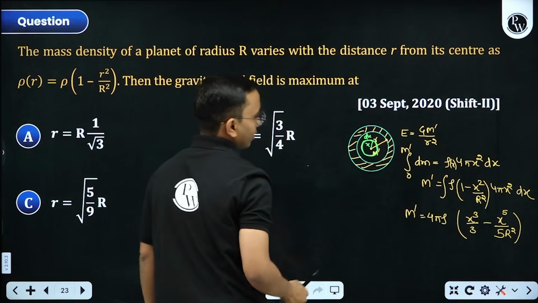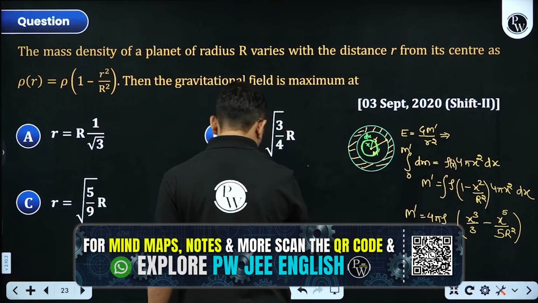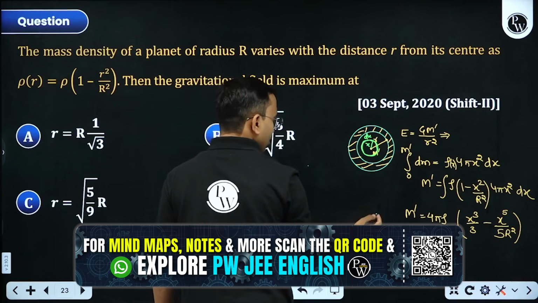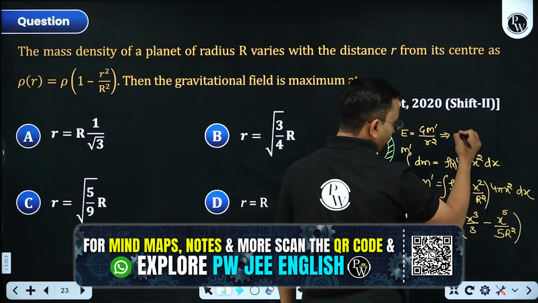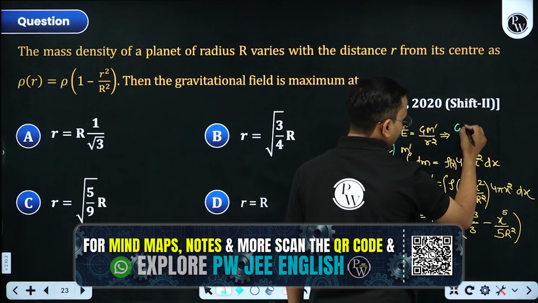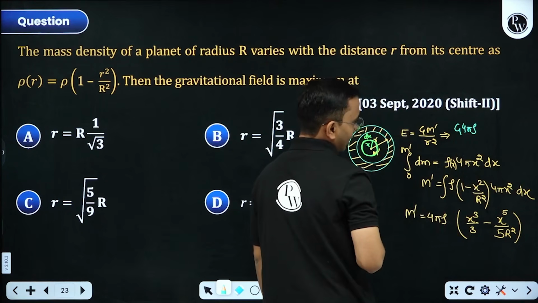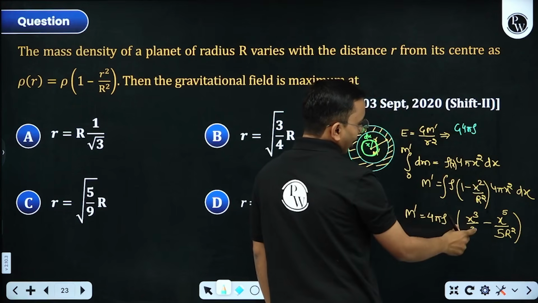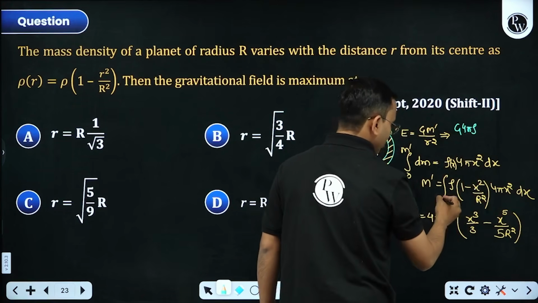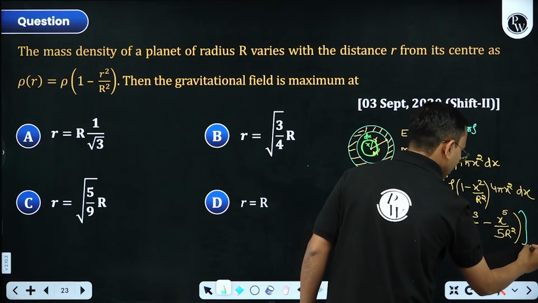Put it there. So my electric field will become 4 pi rho g into 4 pi rho. x goes from 0 to r, the limit was 0 to r, I forgot to put it.